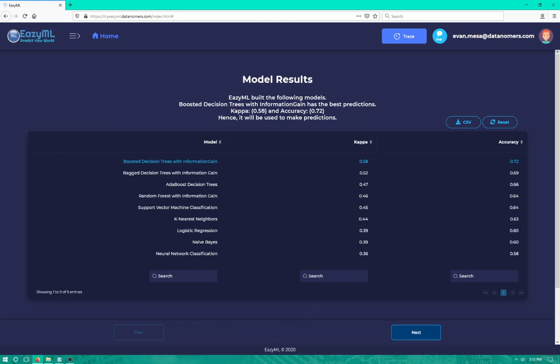So the point of EasyML is to take away all those steps so you could just do it in 5 minutes like this. It's pretty awesome because data scientists make a lot of money, and if a normal person can do this, it would make these problems a lot easier.